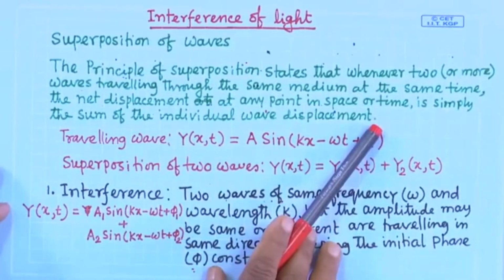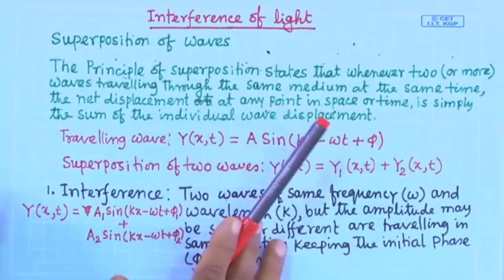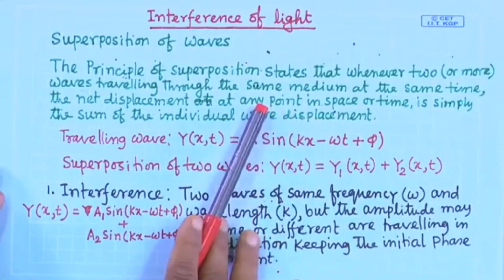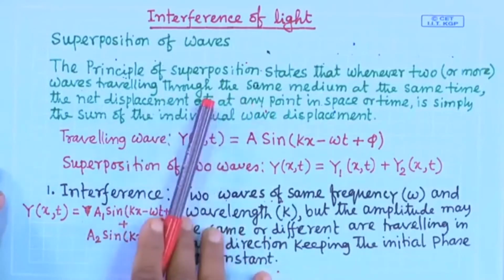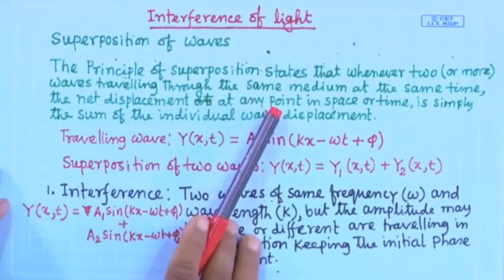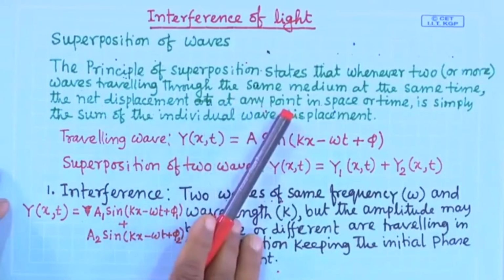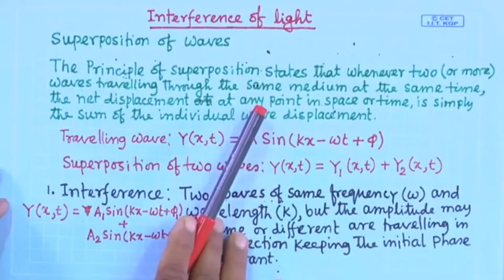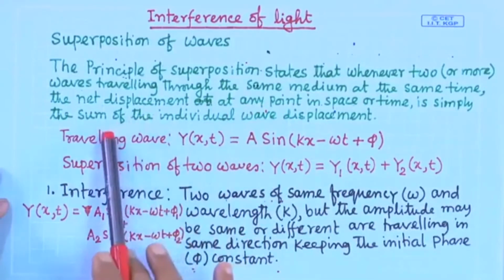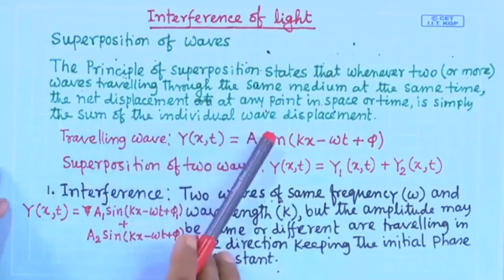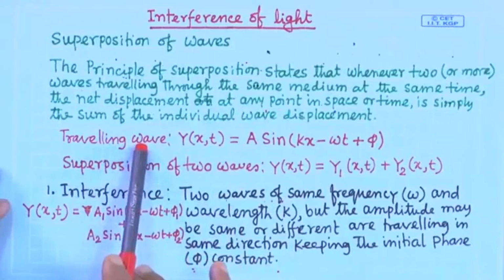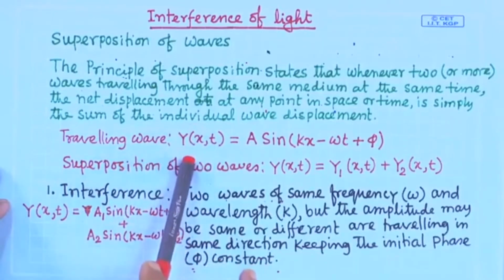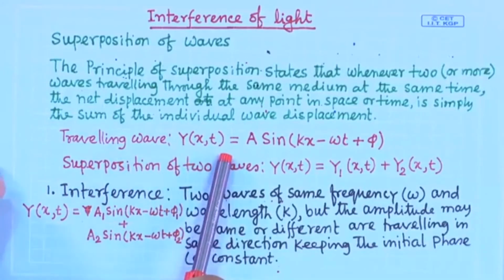So, they do not disturb each other. The principle of superposition states that if two or more waves superimpose, it will simply be the summation of the individual wave displacements. For a travelling wave, we express y as a function of x and t.